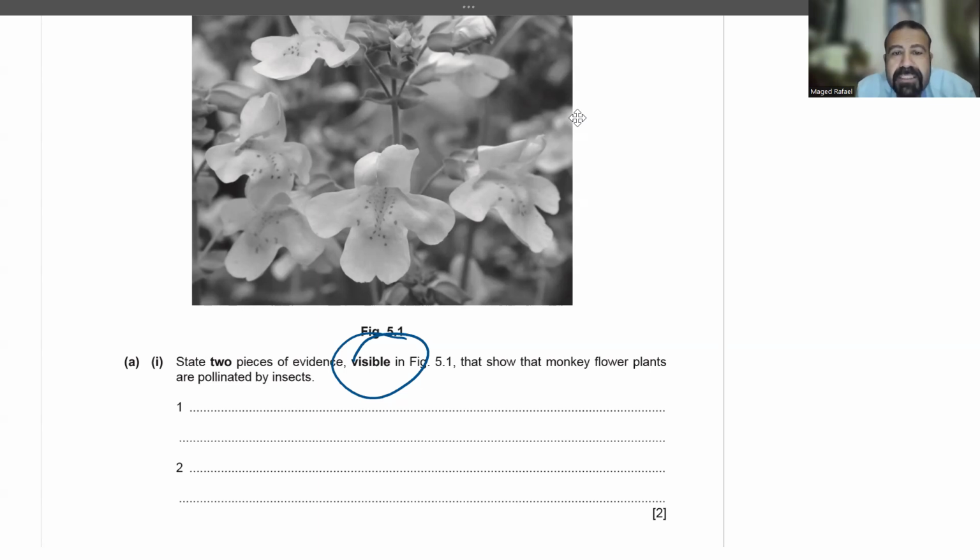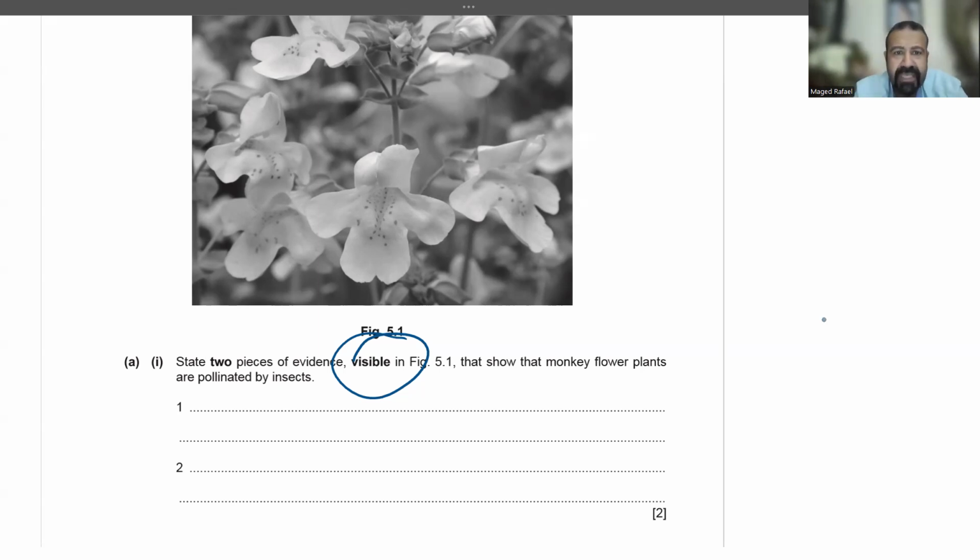I can't see the filaments and the style inside the flower. I can see well, but for me it's not visible. So if I say they're not protruding out of the flower, would that be correct? I will not go for this here, honestly. The second point is what we said: large petals with spotted pattern.